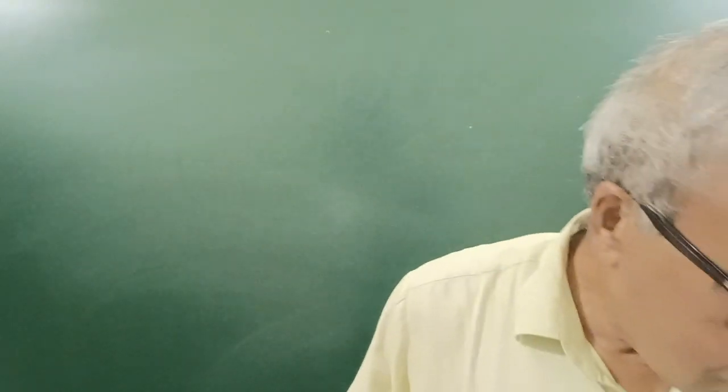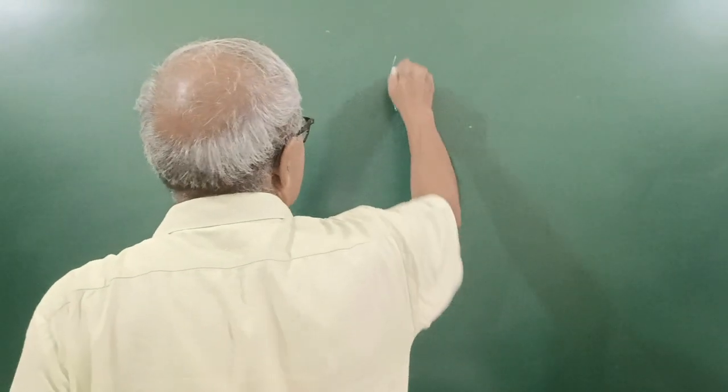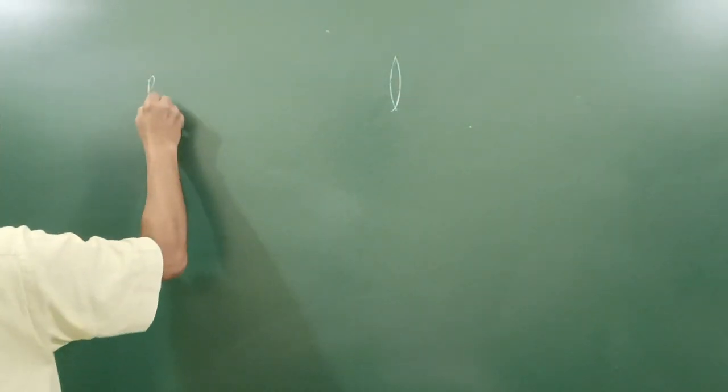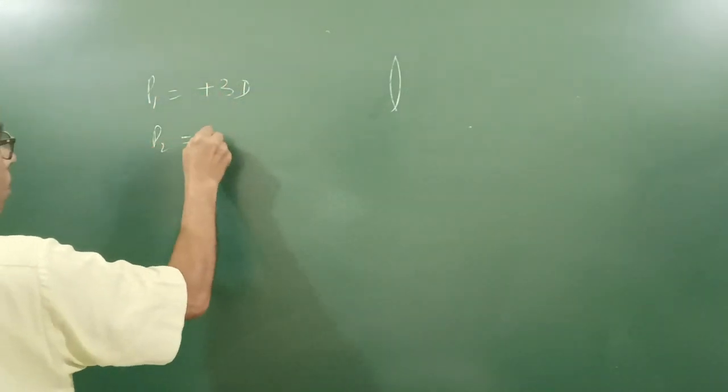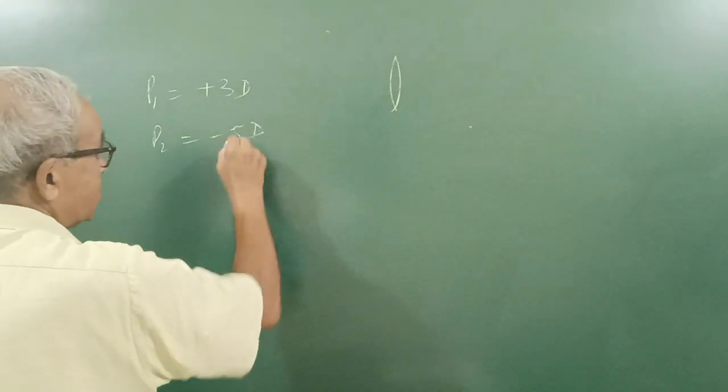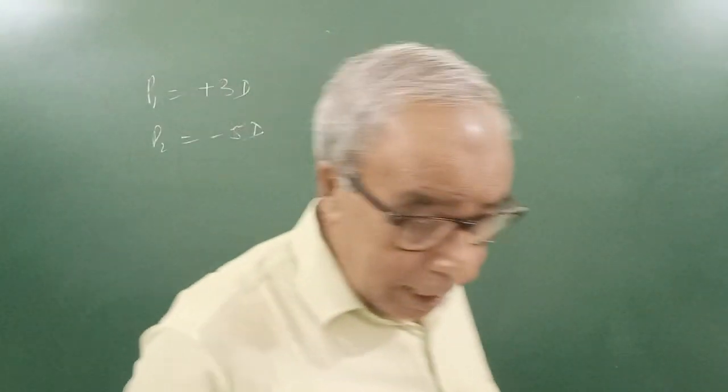Now, there is another question here. Power of two lenses are 3 diopter and minus 5 diopter. There are two lenses, power P1 plus 3 diopter and P2 minus 5 diopter. They are placed coaxially in contact.